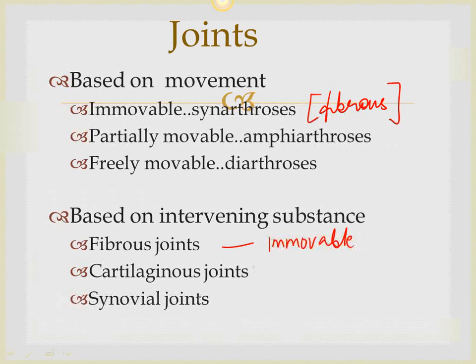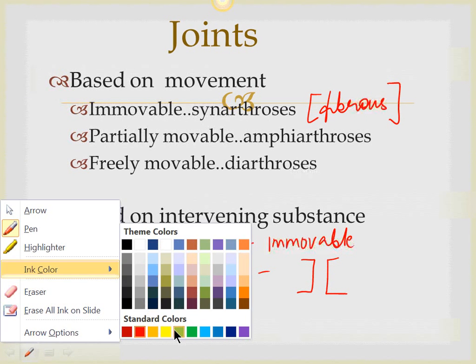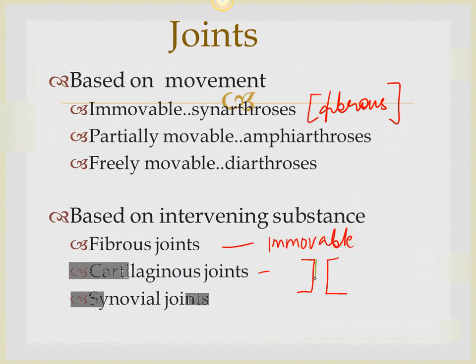Next is cartilaginous joints. Here there is cartilage which intervenes between the two bones. The cartilage could either be hyaline or it could be fibrocartilage.